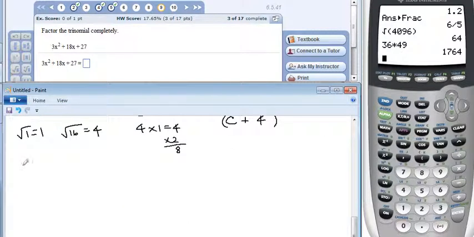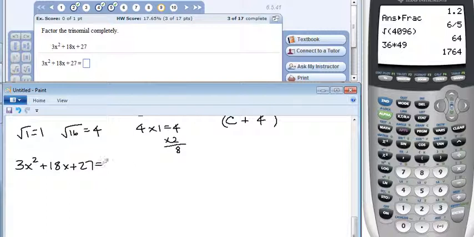All right, so I have 3x squared plus 18x plus 27. Now I could use the AC method on this, but I'm going to be lazy. Well, no I'm not, because this is not perfect. So we would first of all factor out the 3 and then we would proceed from there. So this is a bad example.